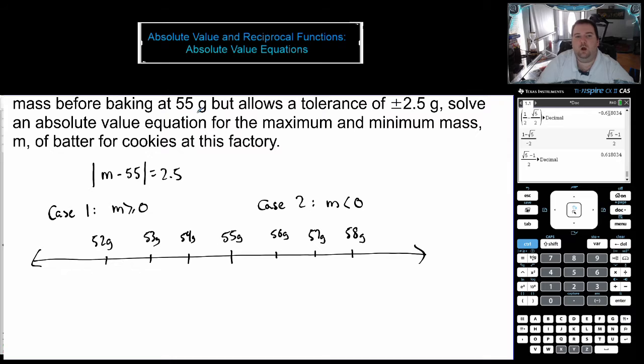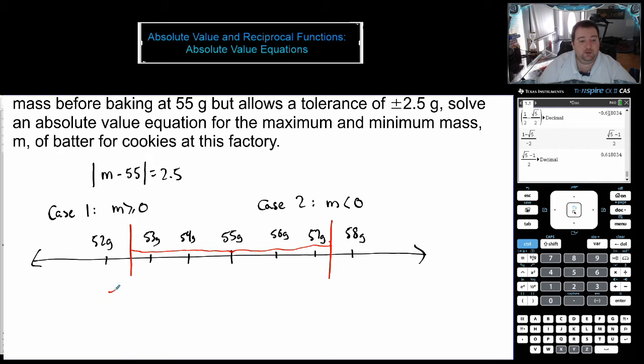Now, what do we want? We have a tolerance of 2.5 grams. So from this 55, we can go up 2.5. So that's 1, 2.5. So up to about there. And we can, of course, go down 1, 2.5. So what do we know about our solution? What's the lower end of it?